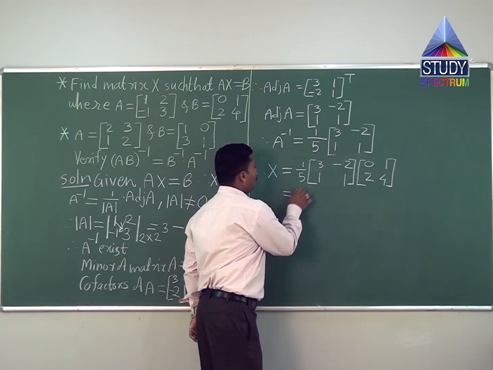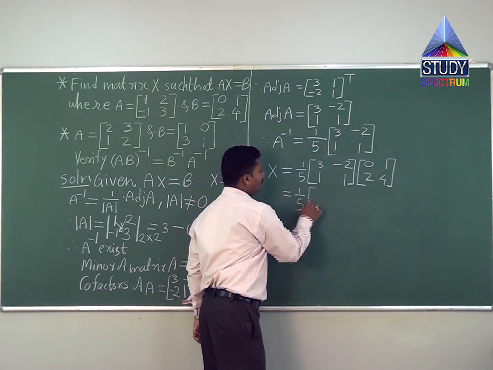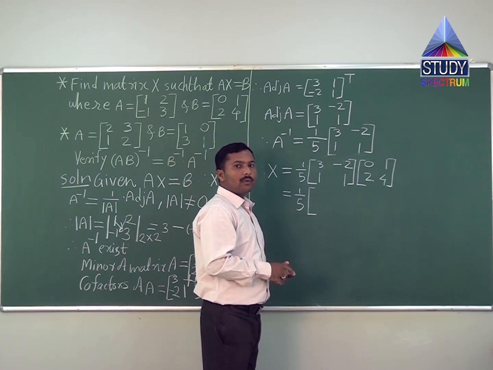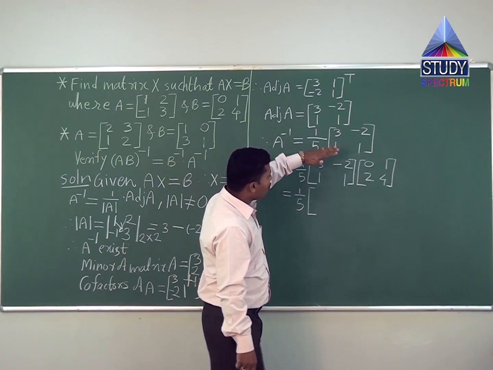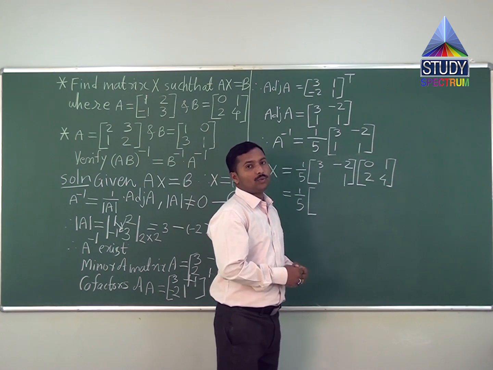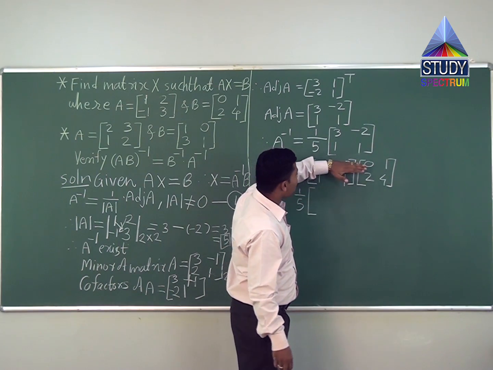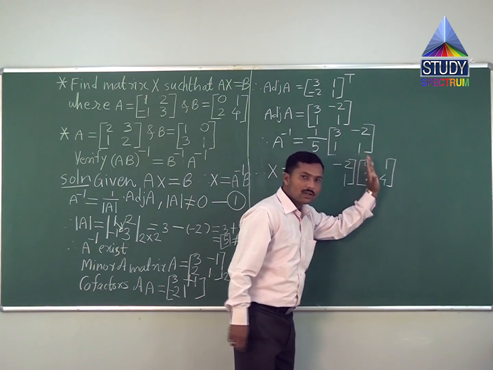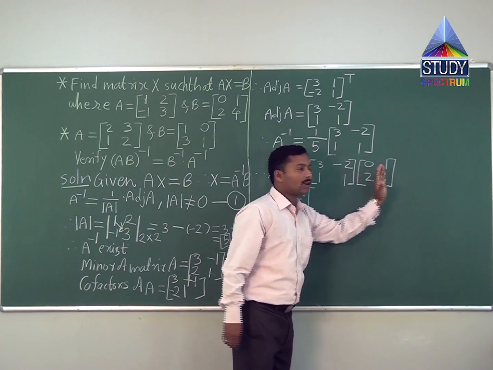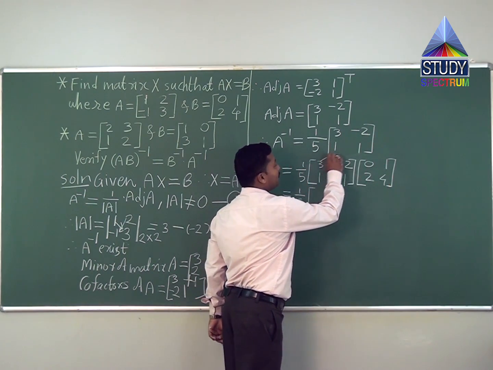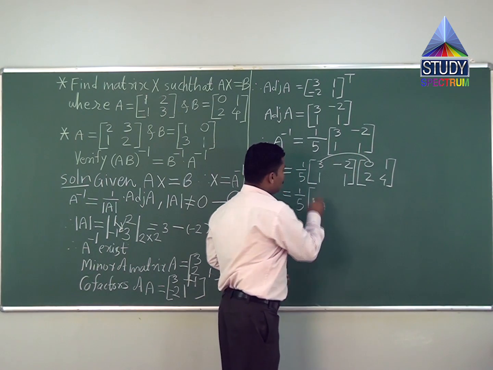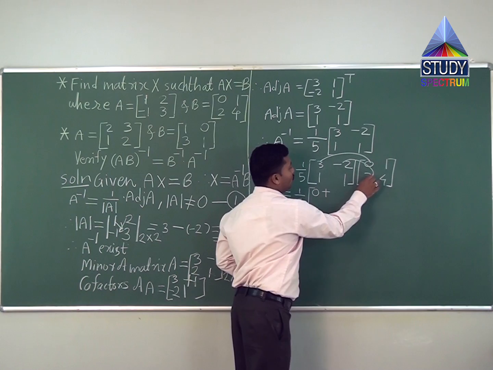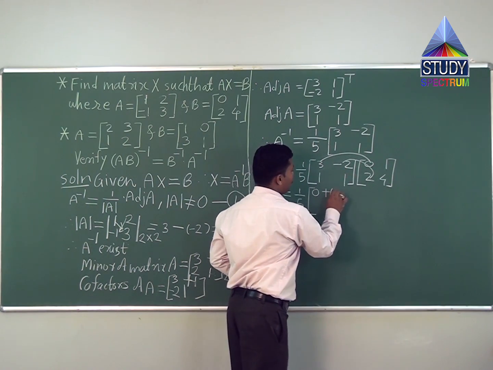So equal to 1 upon 5. How is the multiplication done? Sum of multiplications of rows and columns place to place. So first row, first column, and first row, second column. So place to place means 3 into 0, 0, plus minus 2 into 2, minus 4.